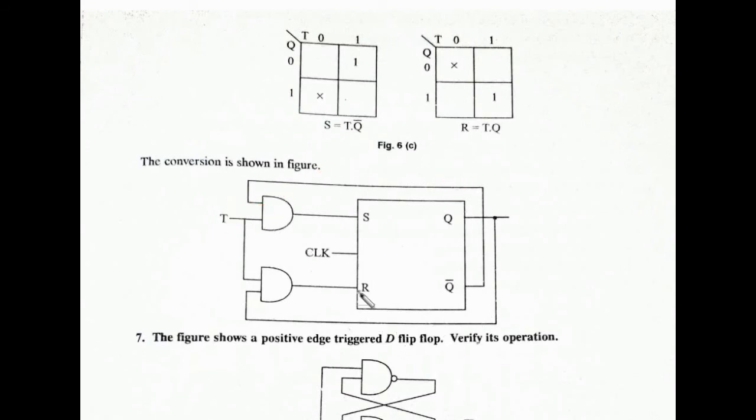Similarly, the R input is connected to an AND gate, which has inputs T and Q. So in this way we can convert any flip-flop to our required flip-flop.